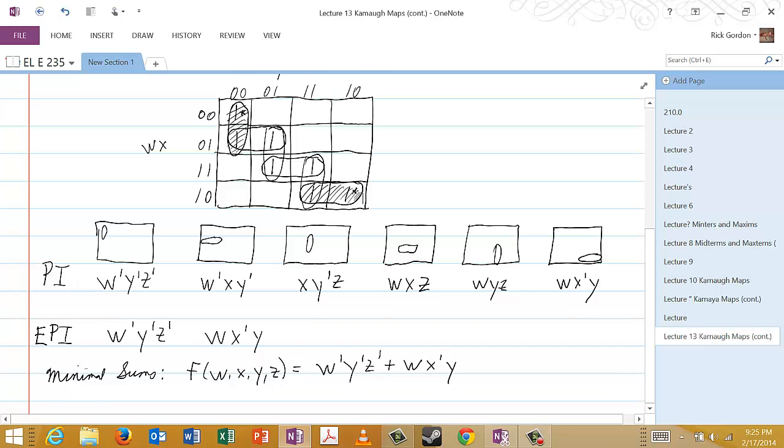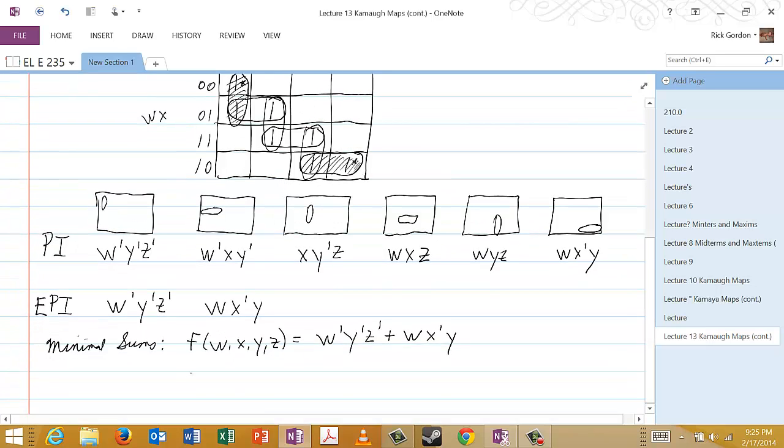So we're going to write f of wxyz. I'm going to go ahead and write it 3 times because it looks like there are at least 3 minimal sums in this problem.